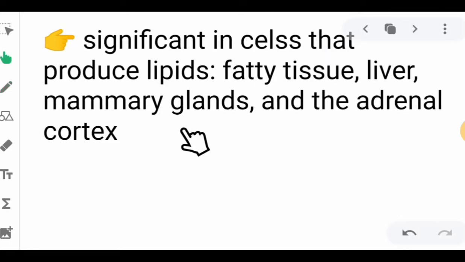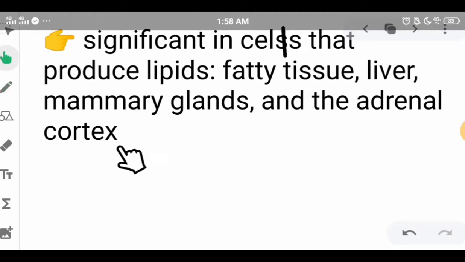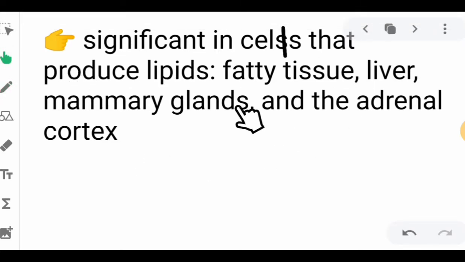So this is significant in cells that produce lipids, such as in fatty tissue, liver, mammary glands, and the adrenal cortex. This adrenal cortex is essential in the production of steroids and hormones as well.